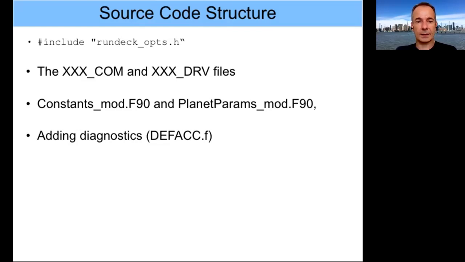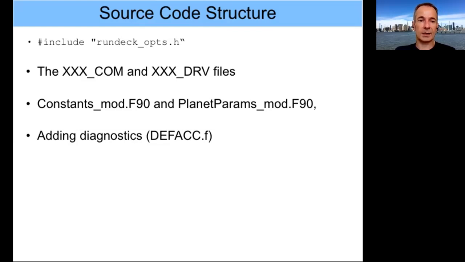Then we have files that are appended with _com and _drv. This is not very consistent in the model, but as a rule of thumb you can remember that. In essence, if you have some functionality in the model that is called XXX here, it can be, for example, atmospheric dynamics, where ATM dyne is the file name. The atmospheric dynamics file needs to have some variables and parameters that it owns.